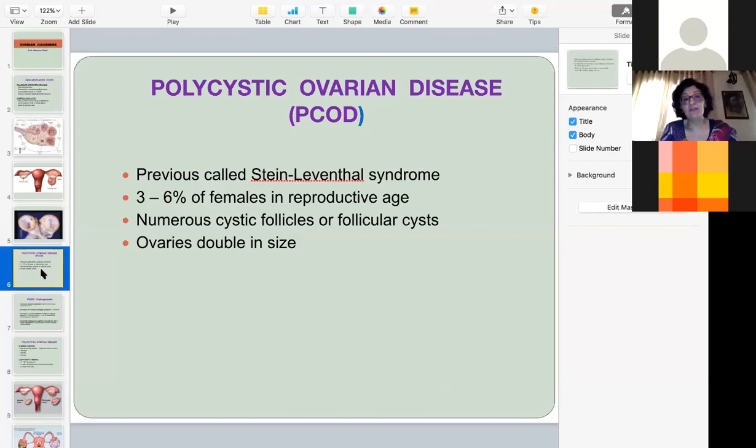It affects about 3 to 6% of females in reproductive age. There are numerous follicular cysts, which will make the ovary enlarged and double in size. But they're all non-neoplastic cysts, so they're all follicular cysts. Because of unruptured follicular cysts and no ovulation, the symptoms and signs are because of all these problems.